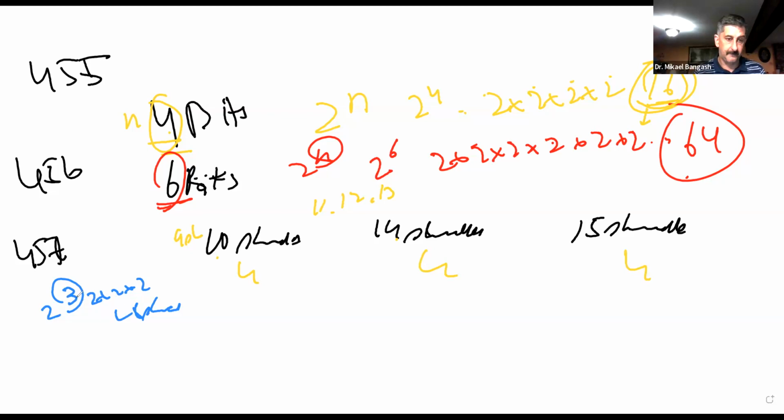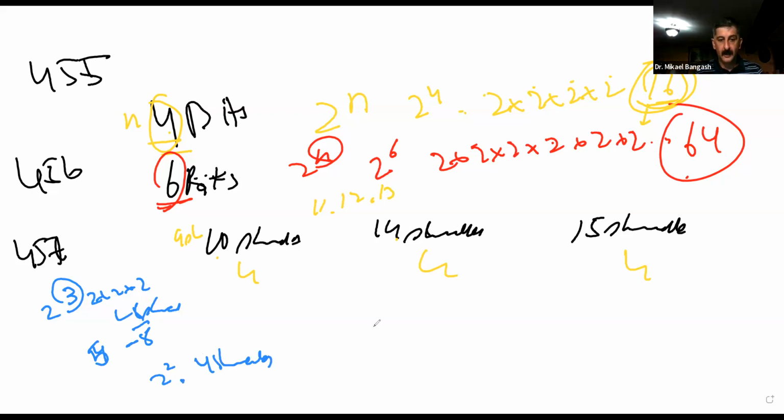Whereas 3 bits can only represent up to 8 sheets, or we can say anything from 5 to 8 sheets, because 2 bits would have been up to 4 sheets. Did that make sense?